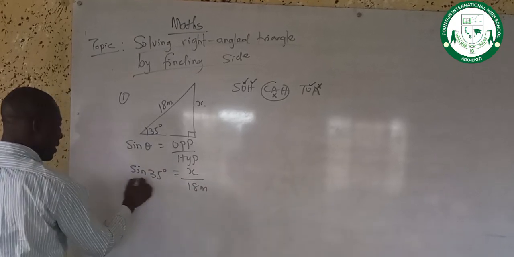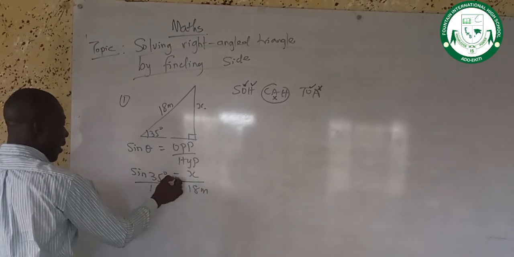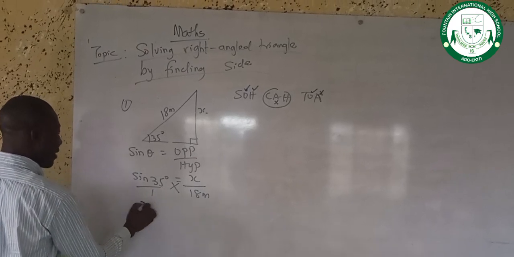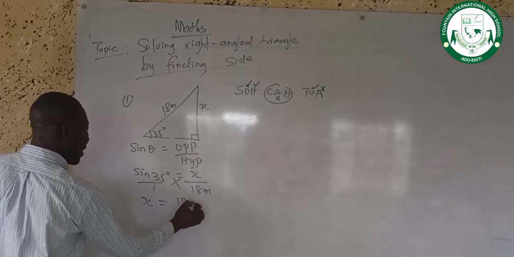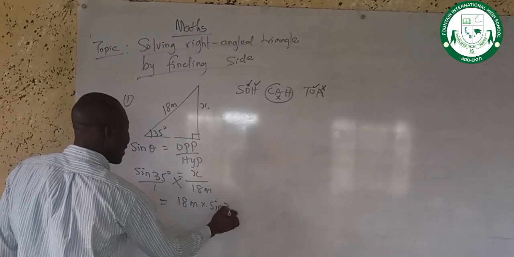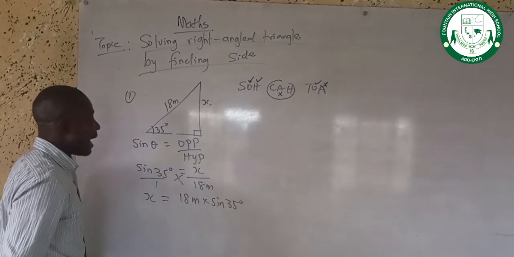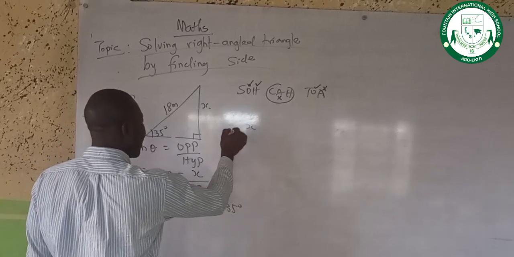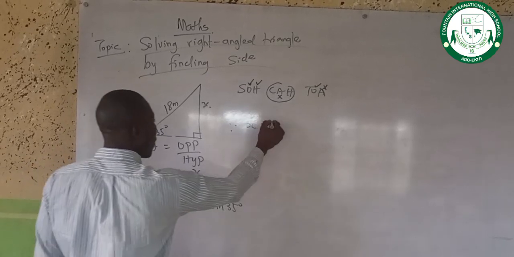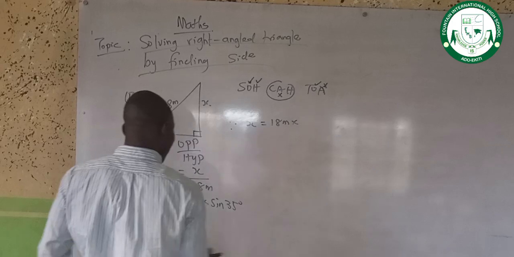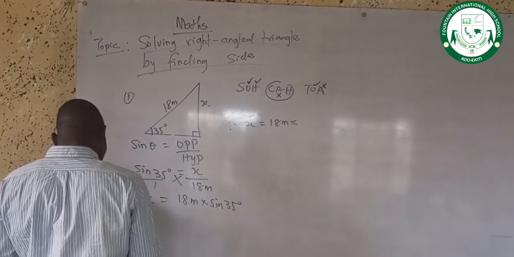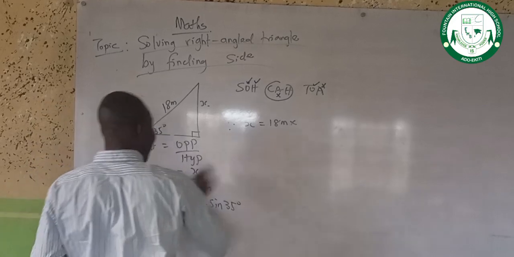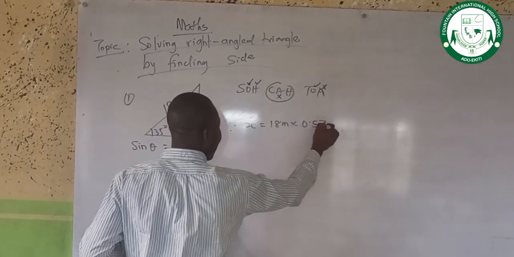As usual, we look for our cross multiplication. By cross multiplication, we have x equal to 80 meters multiplied by sine 35 degrees. We now look at sine 35 degrees from our formula table, which gives us 0.5736.